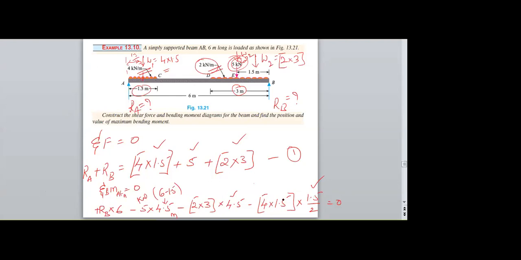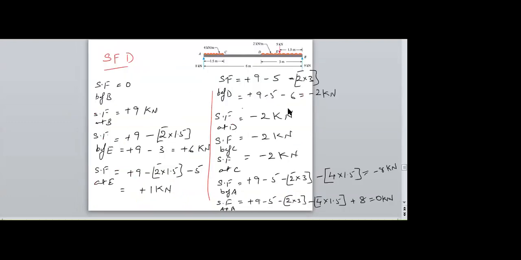So using these equations, find RA and RB. So here RB is 9 kilonewtons, and RA is 8 kilonewtons.